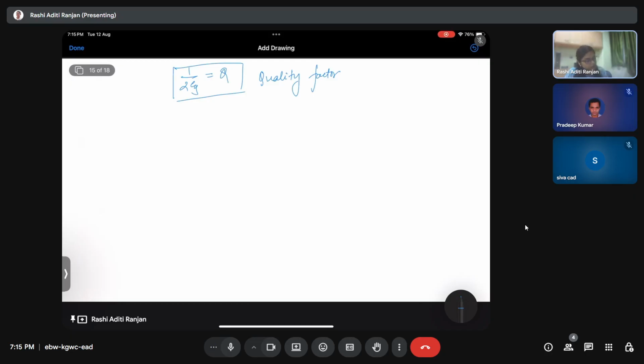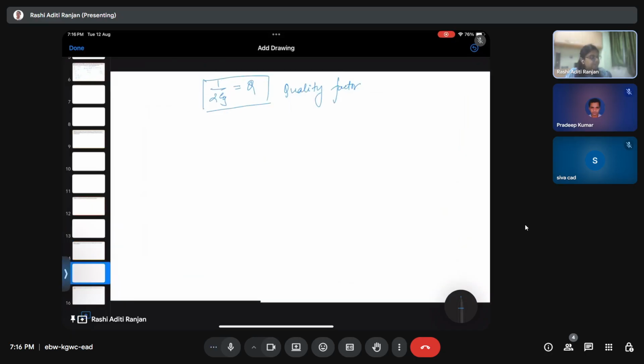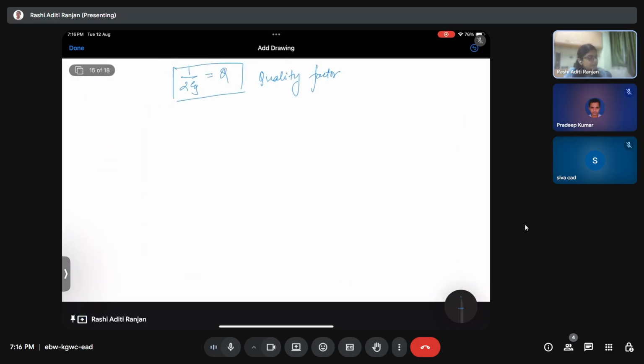The second thing that they are asking over here is the half power frequency bandwidth. See what happens is that if I look at a plot, the plot is somewhat like this, right?